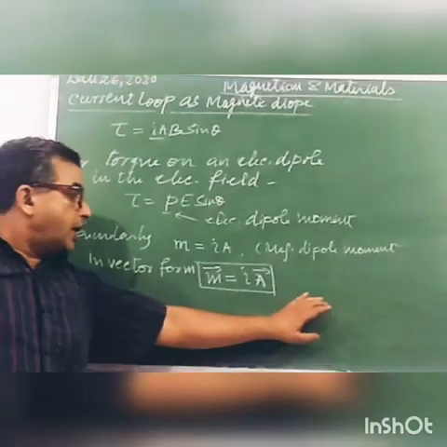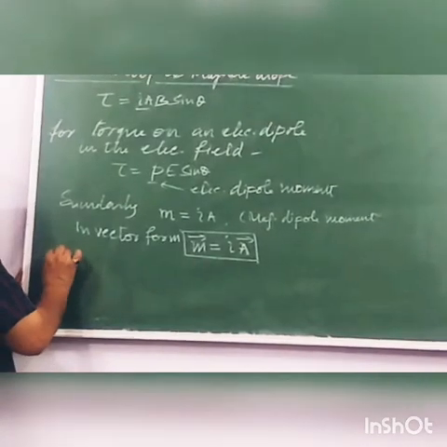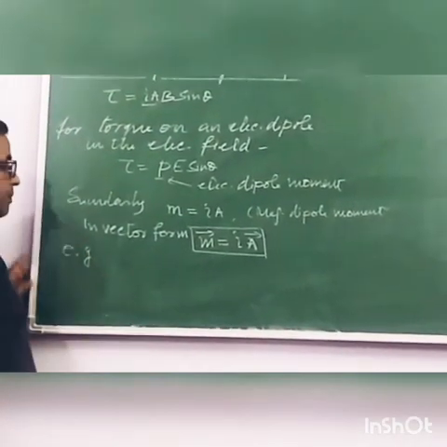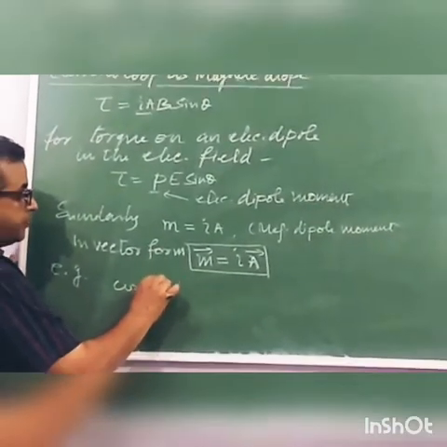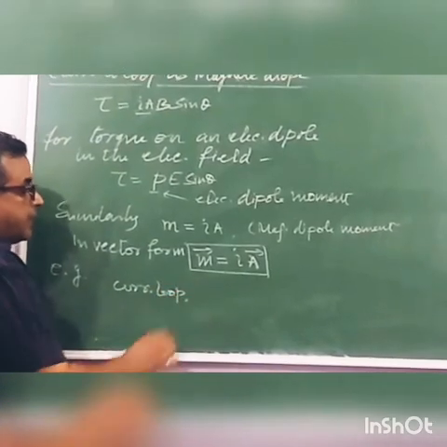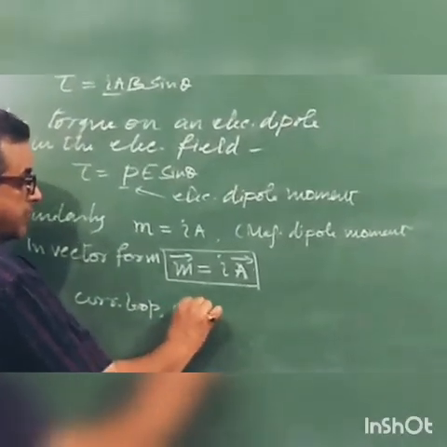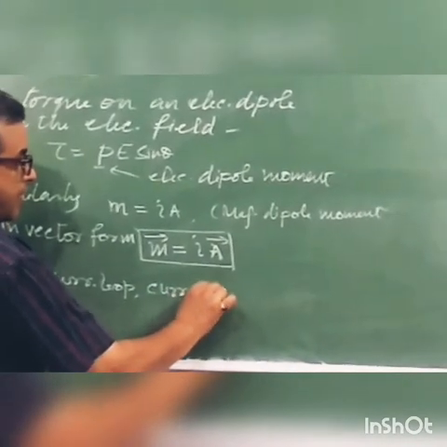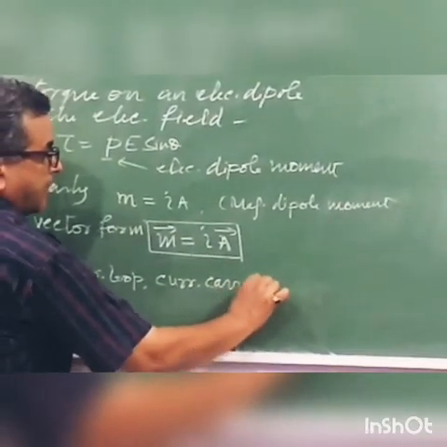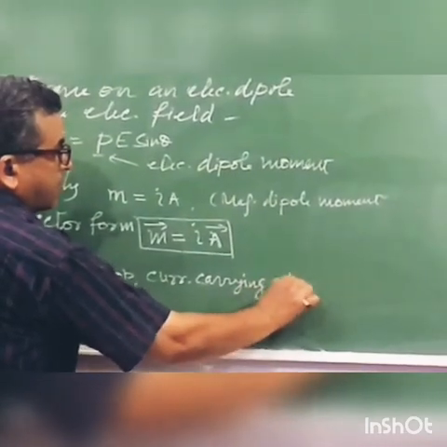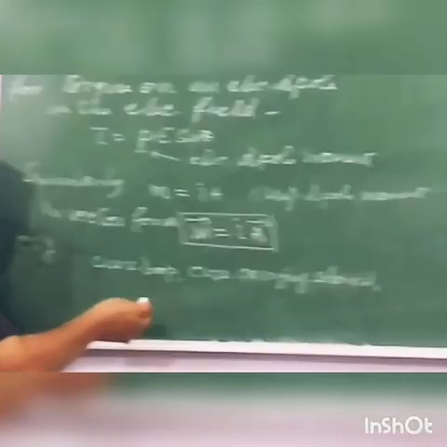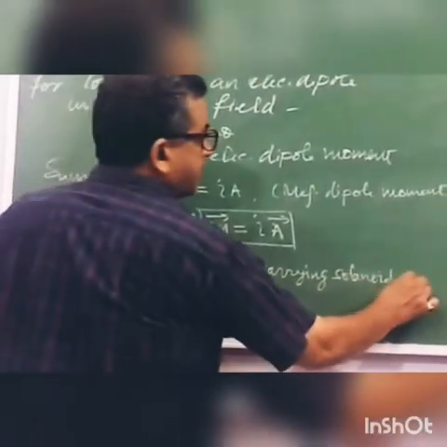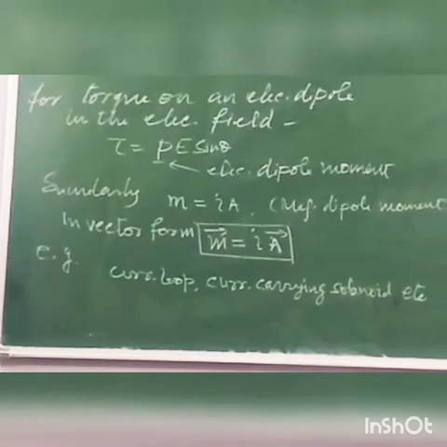Now some examples of magnetic dipole. A current loop, any current loop, a current carrying solenoid, etc. These are some examples of magnetic dipole.